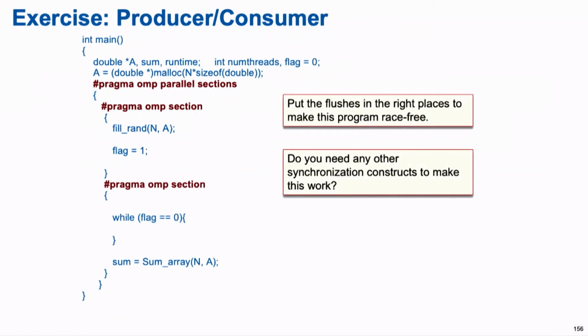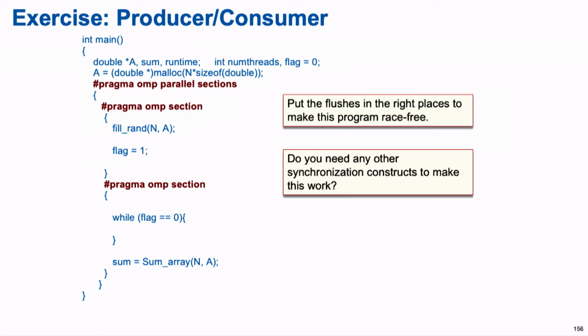And so I'm not going to walk through all the level of details, but I'm just showing you how I can use the sections and section to create one section that's the producer, one section that's the consumer. And I can have a spin lock. So I have a shared variable flag, and I initialize it to 0.